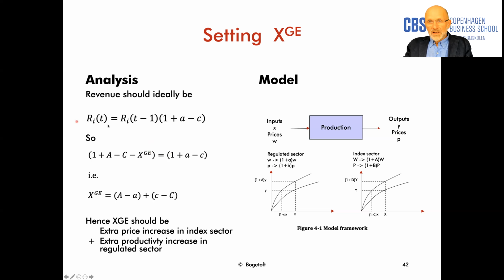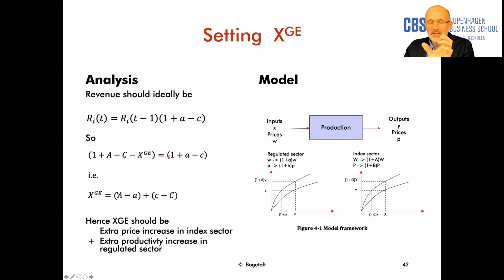What I would, from a theoretical point of view, like the change to be is 1 plus lower case a minus lower case c. Okay. So the question is, when is this one giving the right number?